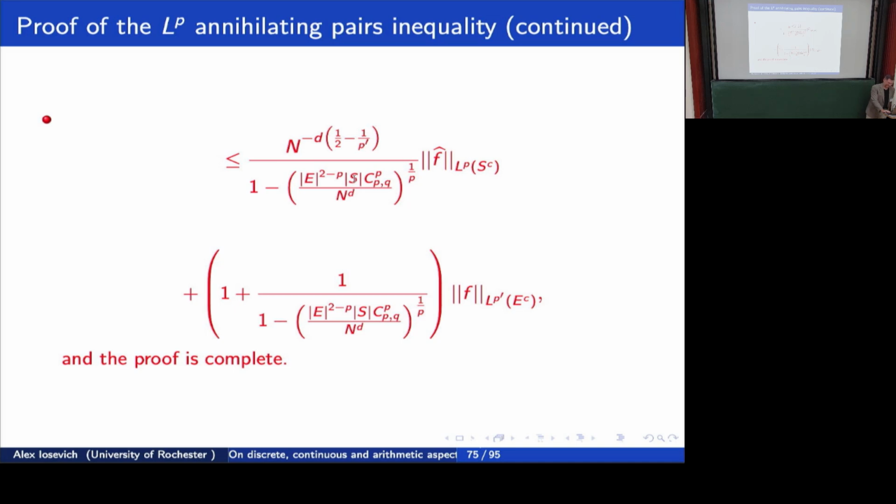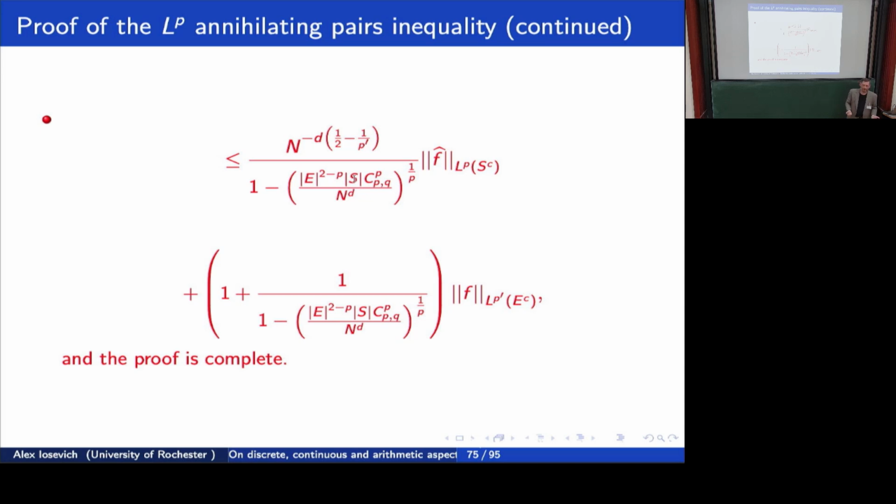Okay. All right, so again, the point is that an LP annihilating inequality is possible, but the price that you have to pay is, first of all, you don't have the same norm on the function and its Fourier transform, which is natural.